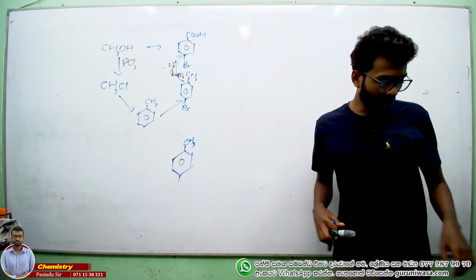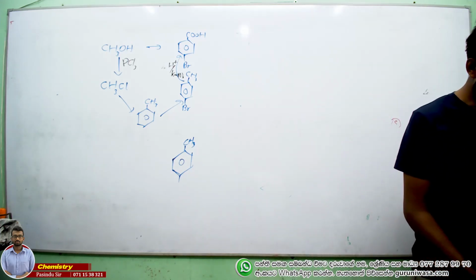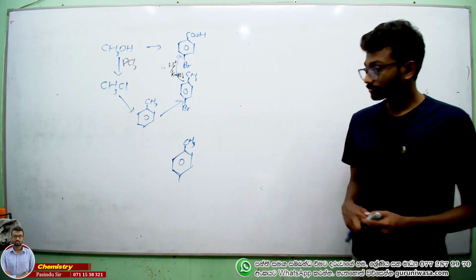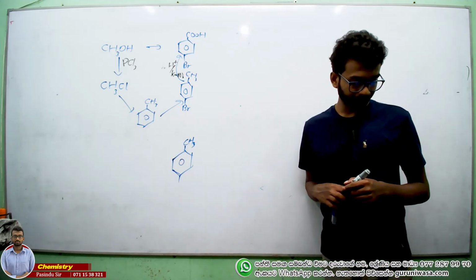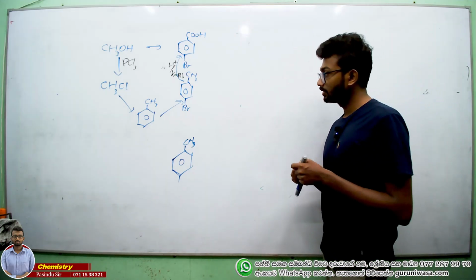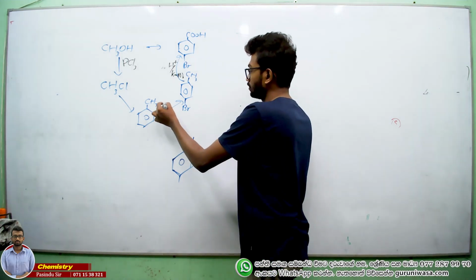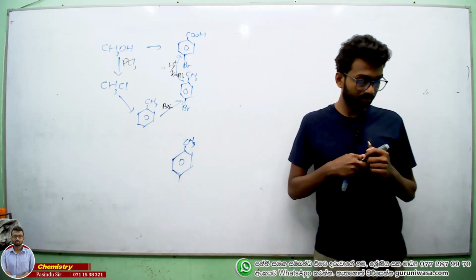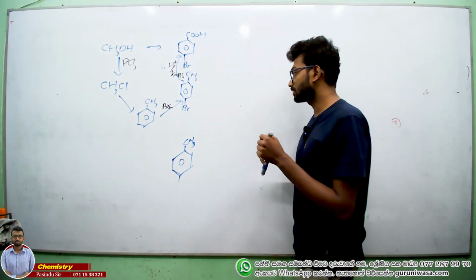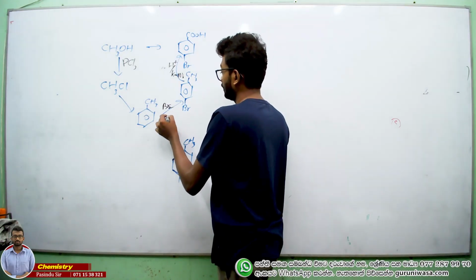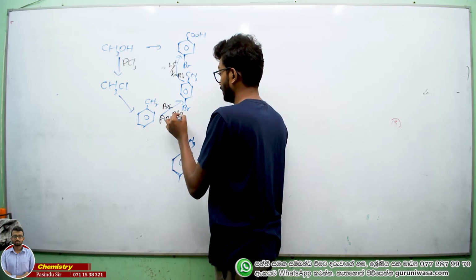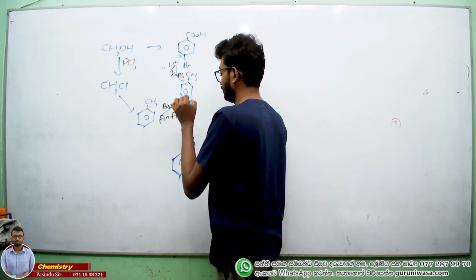Then how to add Br? You can add Br by Br2 and anhydrous AlBr3, right?